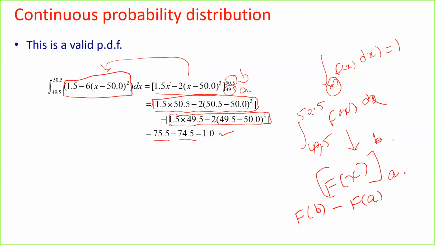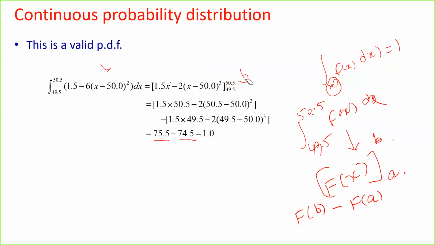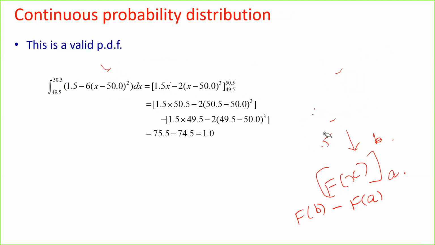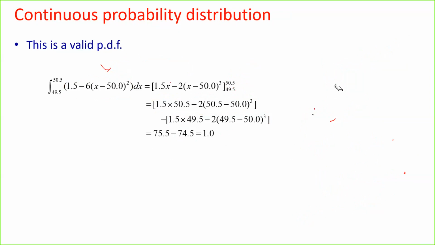Now a question to you. Suppose I ask: what is the probability that the metal cylinder diameter is in between 49.8 and 50.1? How do you do that? Then the x range changes to 49.8 to 50.1.